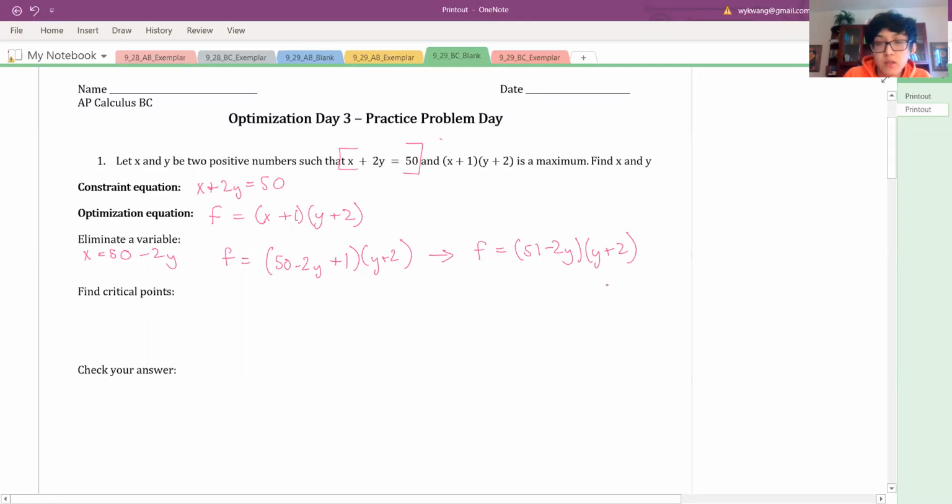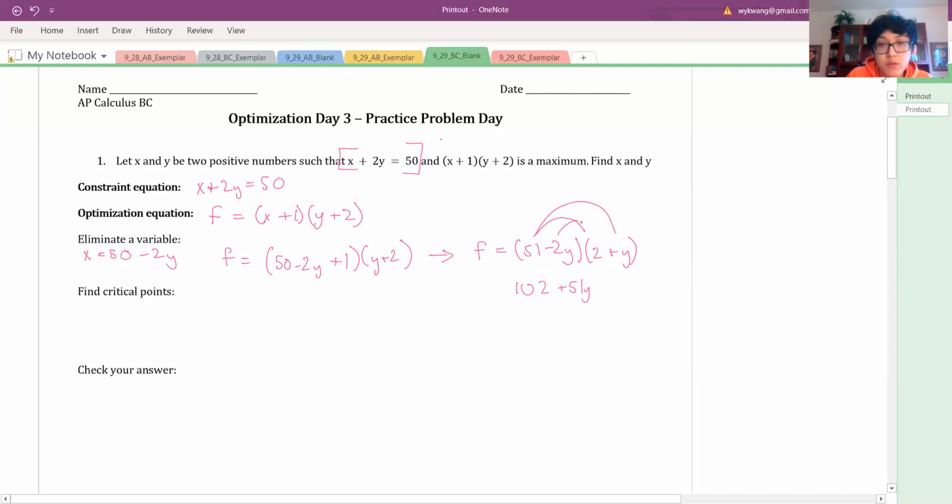And then I'm just going to rewrite this as 2 plus y, just so it's easier for us to FOIL it, or to visualize multiplying everything out. But 51 times 2, 102, plus 51y, right? So we're multiplying 51 times 2, then multiplying 51 times y.